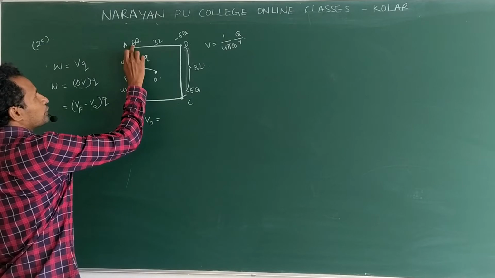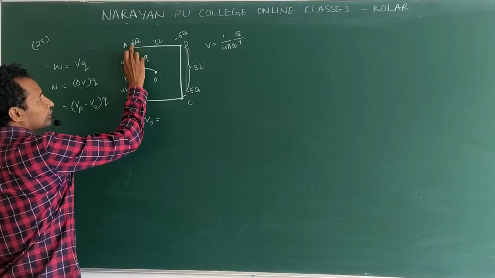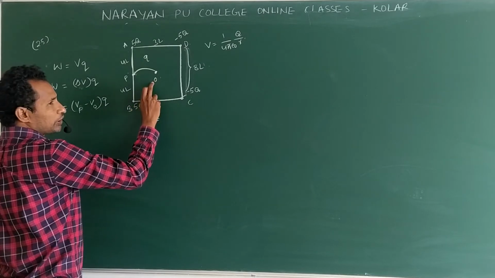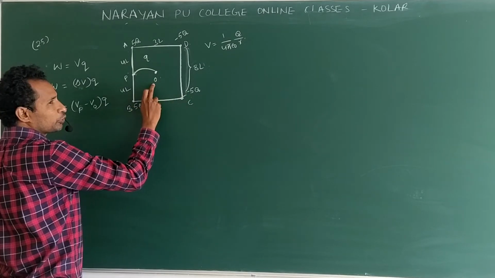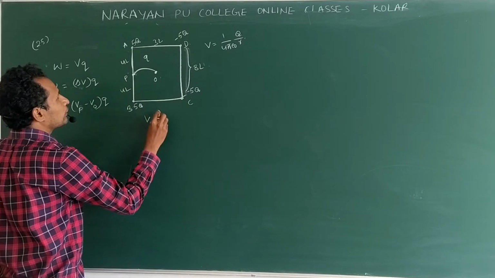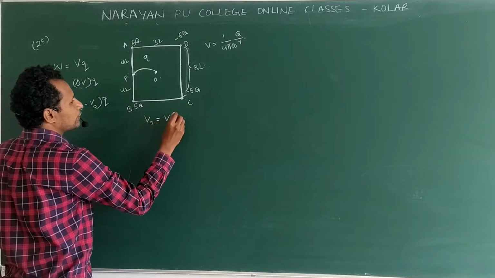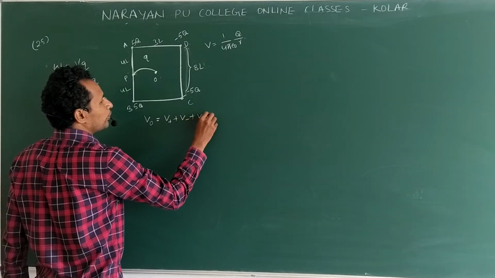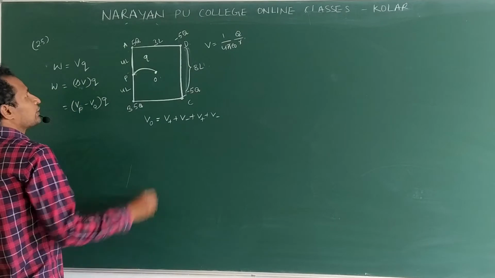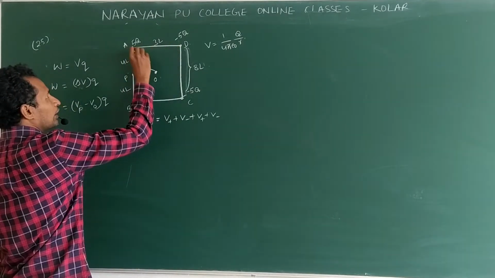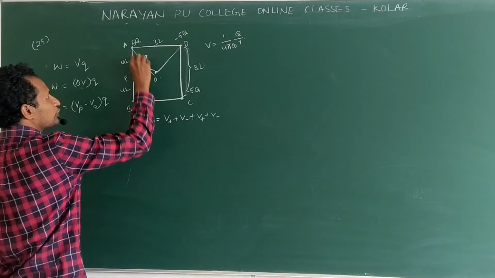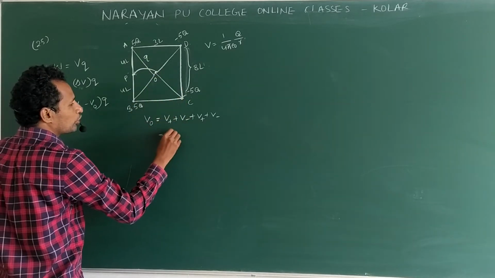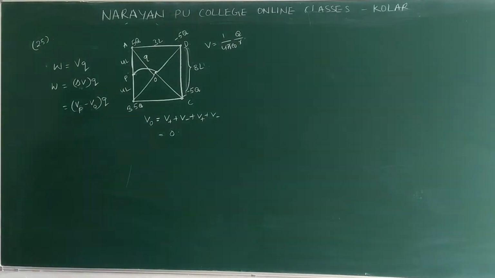So plus 5q we have a positive potential, minus 5q we have a negative potential, plus 5q positive, minus 5q negative. So total V minus V plus V minus V. Magnitudes are same and distance of each charge to the center remains same. So 2 are positive, 2 are negative, total potential is 0.